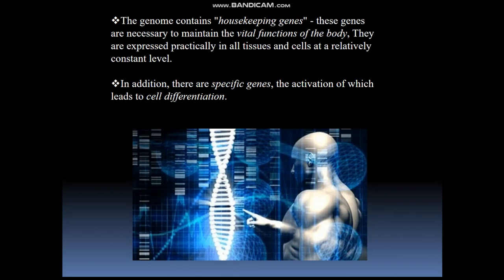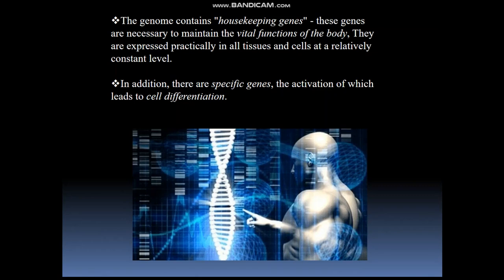What is the base of these processes? We have to know that the genome contains two kinds of genes. First of all, housekeeping genes. These genes are necessary to maintain the vital functions of the body, which are expressed in all tissues and cells.